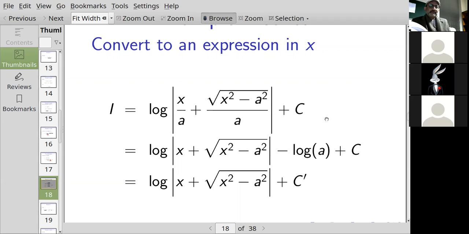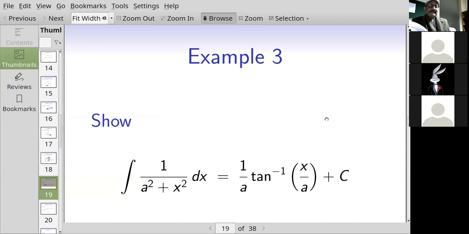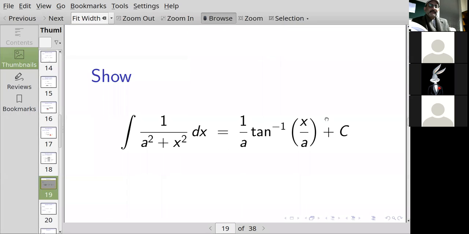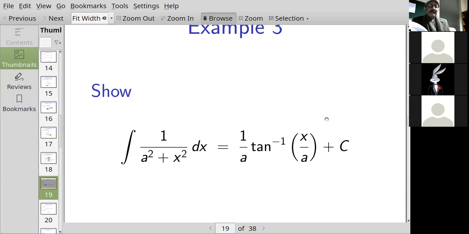Are there any questions about this? Okay. All right. What if I had the integral of 1 over a squared plus x squared dx? What does 1 over a squared plus x squared remind you of?